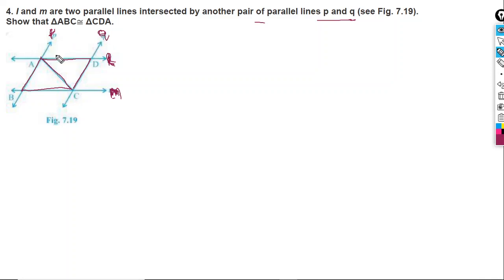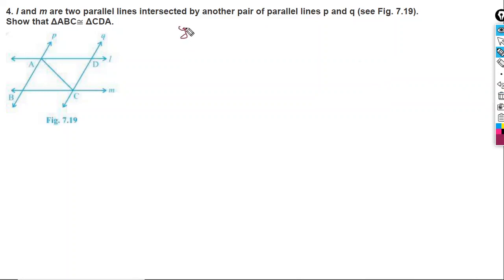Therefore, we can write AB parallel to CD. Here you can see AB parallel to CD and AD parallel to BC. So ABCD will be what? A parallelogram, isn't it? So let's try to do this.